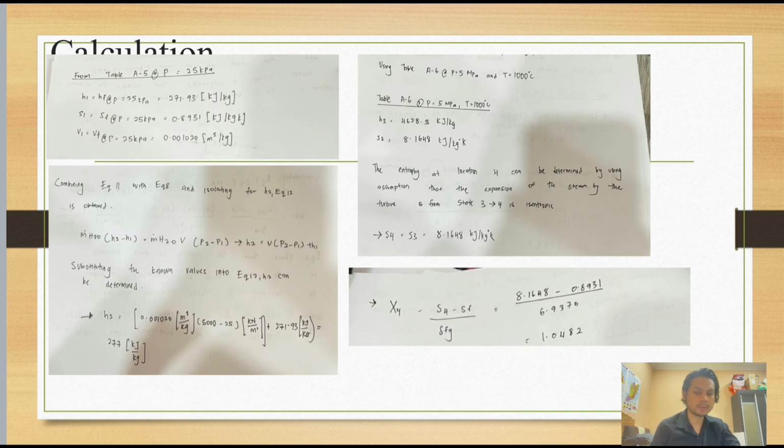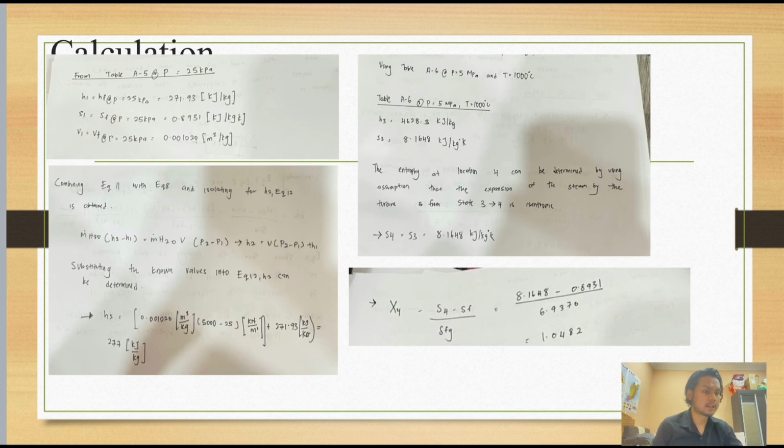Equation 12 is obtained. Substituting the known values into equation 12, H2 can be determined. So we just put in the information that we get from the table, and then we get 277 for H2.